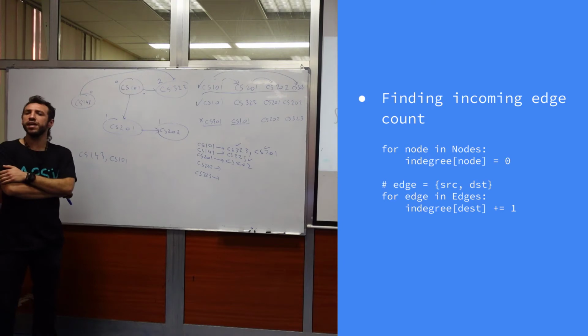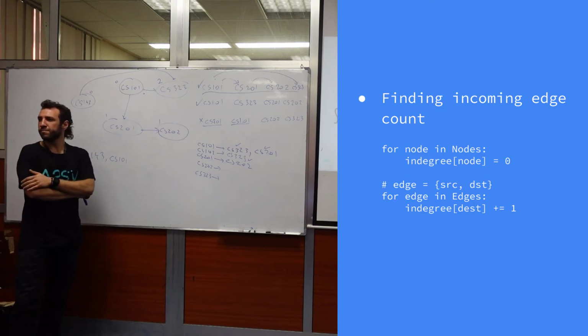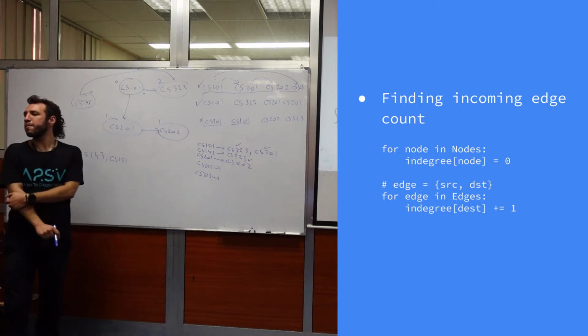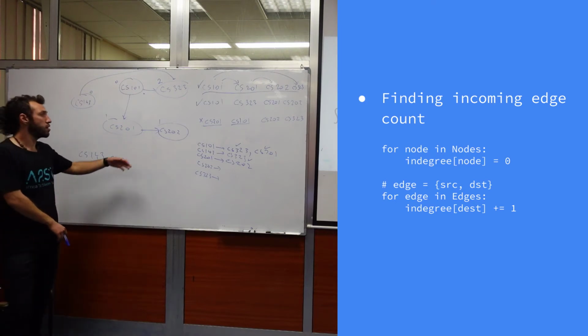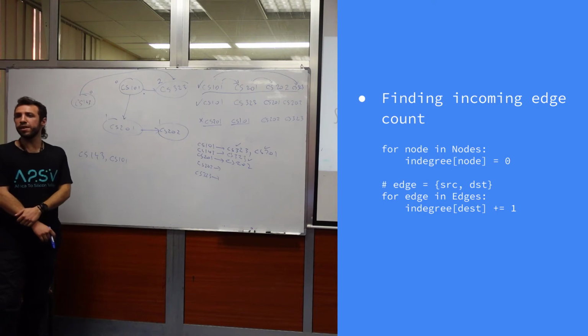Is it okay to remove that edge from the graph as well? Now let's say we are trying to solve this problem by hand. No computers, you are given the courses, you are supposed to create the curriculum for the department. How would you do this?